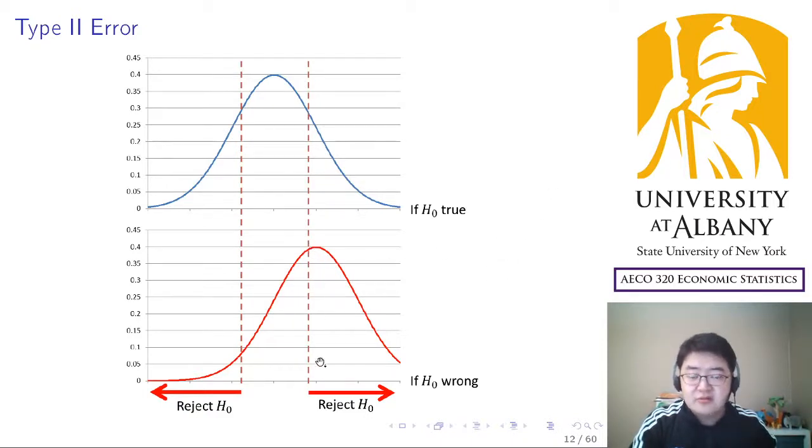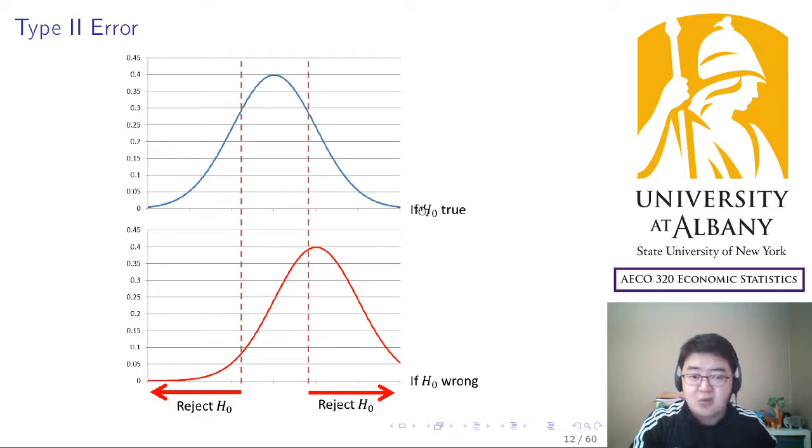So then the critical value is non-central, and you are going to reject this much. So you reject outside those critical values. But the problem here is still this area. This area is the probability that H0 is not rejected, even if H0 is wrong.